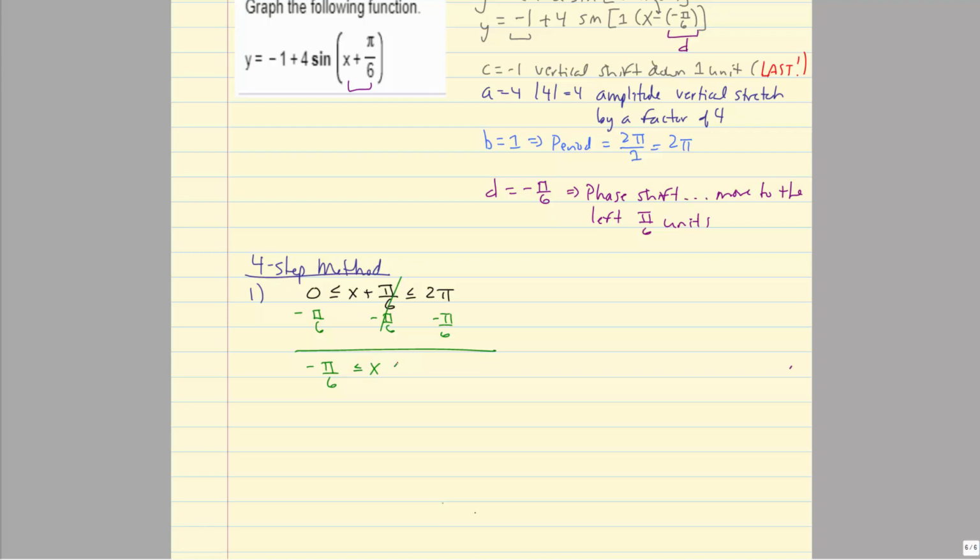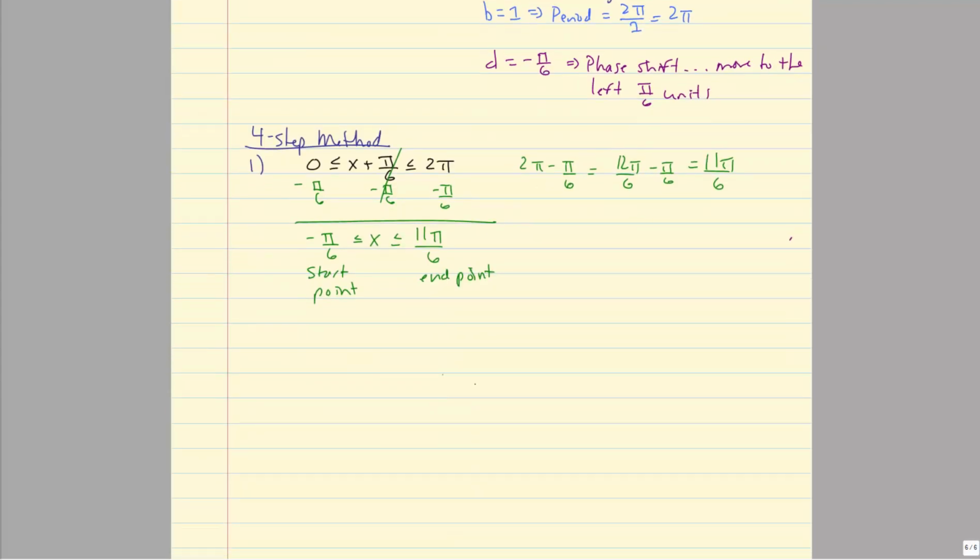These cancel, so I'm left with x, and then 2 pi minus pi over 6. Well, I need a common denominator here, so that would be 12 pi over 6 minus pi over 6 would be 11 pi over 6. So this is my endpoint for 1 period. I can always do more. And this is my start point for 1 period. Okay, so that's step 1.